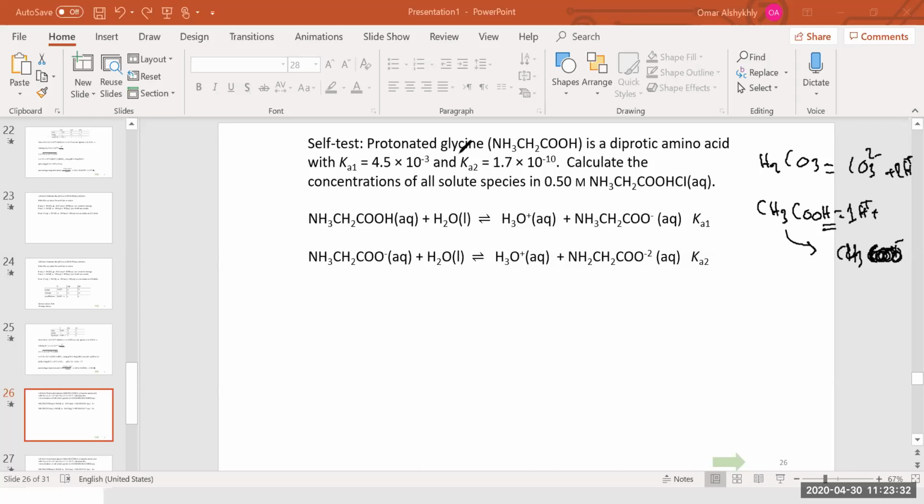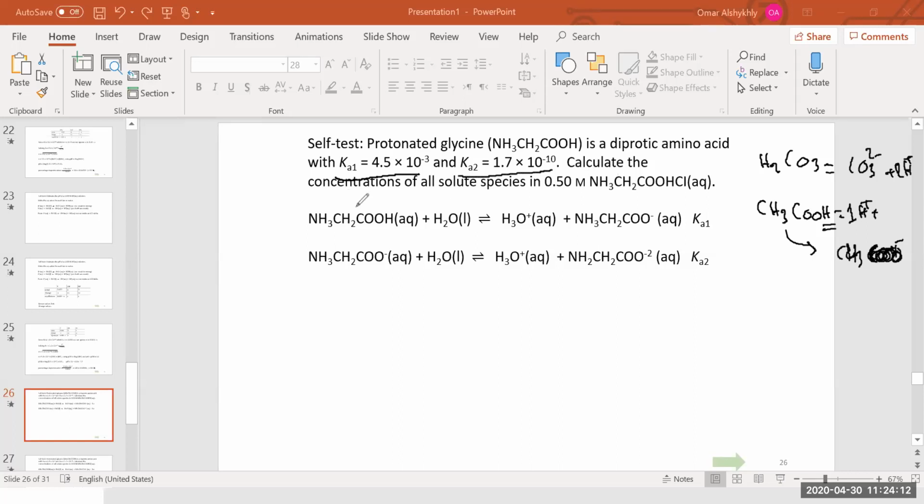Look at this example. Protonated glycine, which is NH3CH2COOH, is a diprotic amino acid with Ka1 equal to 4.5 times 10 to negative 3, and Ka2 equal to 1.7 times 10 to negative 10.